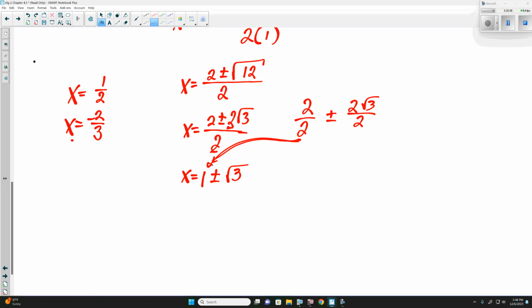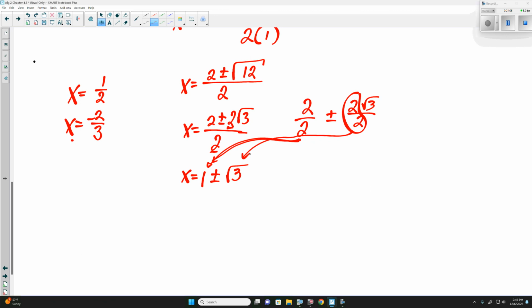Where'd the other one go? Oh, I get it. So the first 2 is getting divided, and it has its own thing. Yep, divided by 2, and then the other one is divided. So we're saying they're both divided by 2. Their 2 over 2 is 1, and 1 times the square root of 3 is square root of 3, yeah. So it kind of does and kind of doesn't.